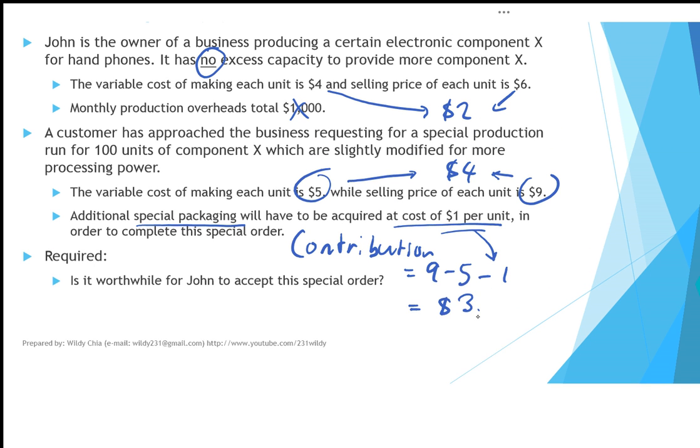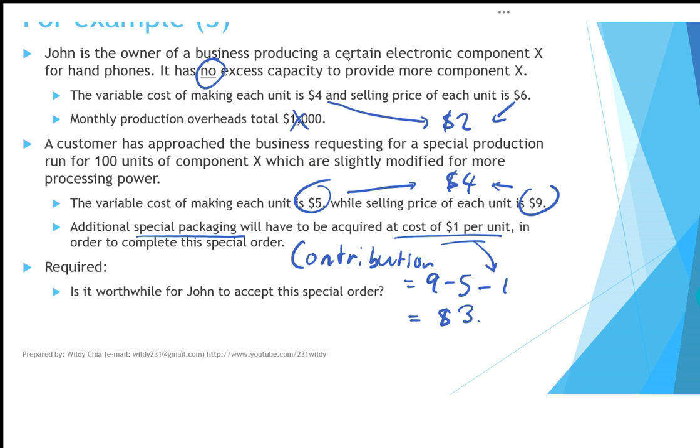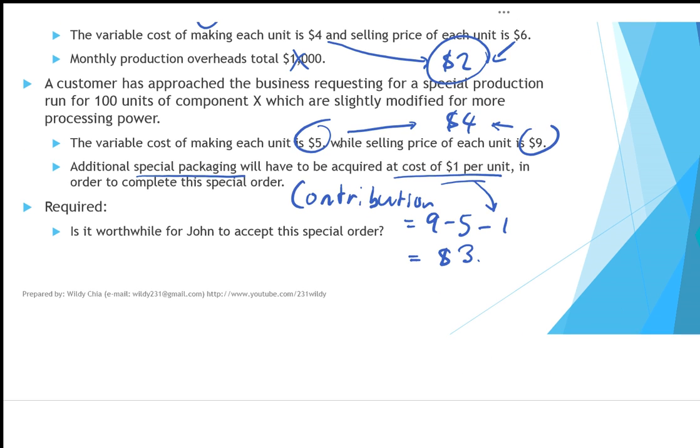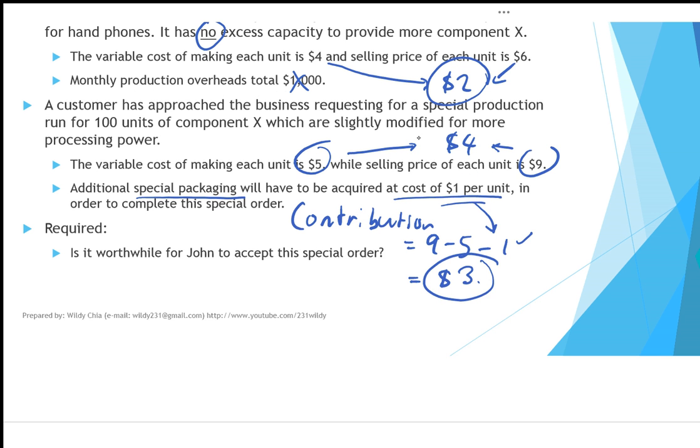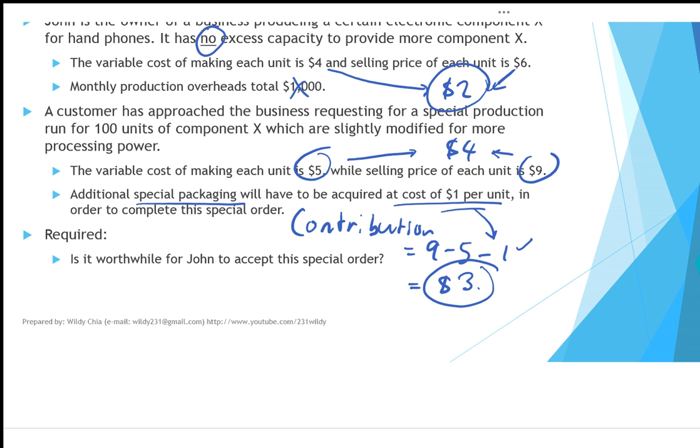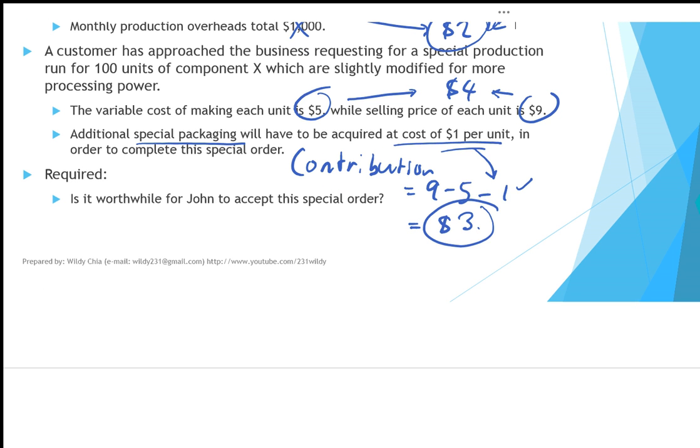Now in this case, if you compare, the regular orders only give $3. The special order, even after taking into account the $1 of cost for special packaging, contribution still remains at $3, which is still higher than the regular orders. So is it still worthwhile for John to accept the special order?